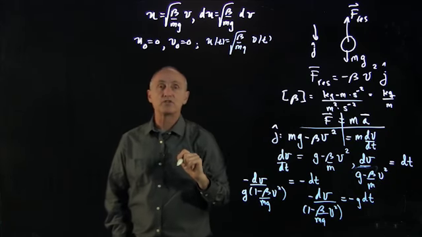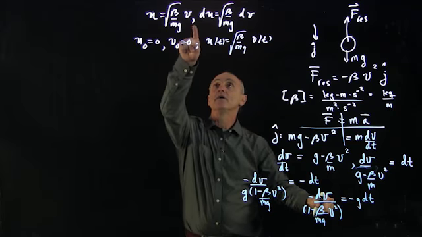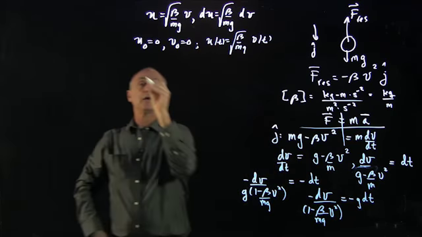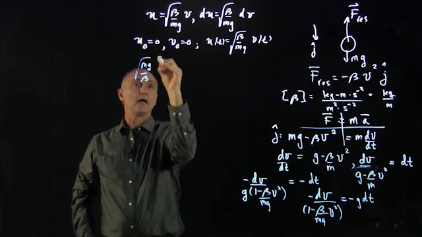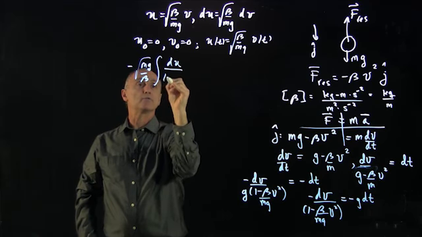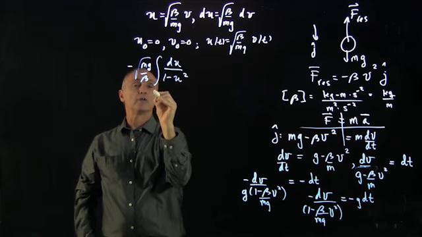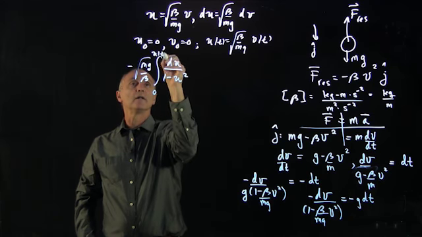And then with this change of variables, remember I have a dv, so I have to multiply the left side by the square root of mg over beta, and I'm integrating with a minus sign du times 1 minus u squared from 0 to this final value u of t.